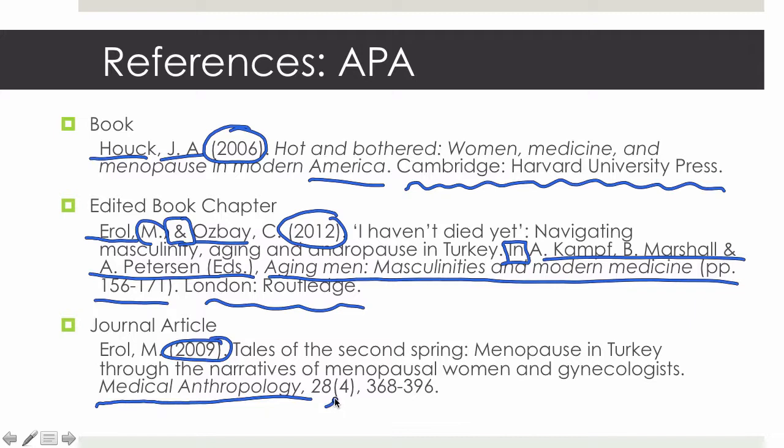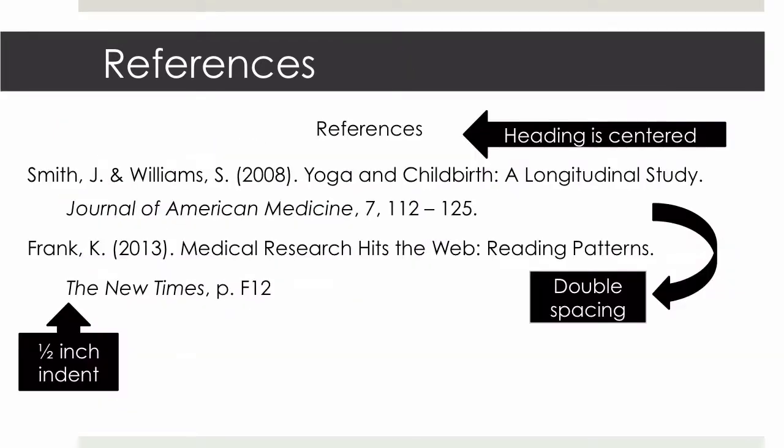And you give the volume, and in parentheses the issue, and at the end you also give the page range of the article. When you are listing those references, you alphabetize everything and then indent after the first line. Here in this example you can see the formatting a little better. You start with the heading "References," centered, there is double spacing as well, and the half-inch indent after the first line.